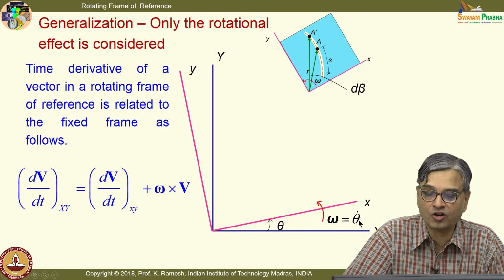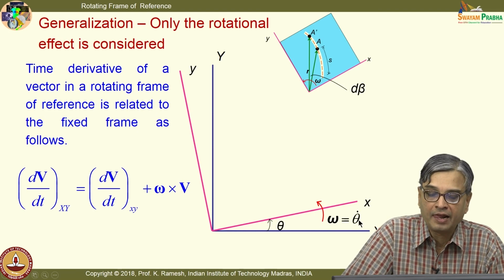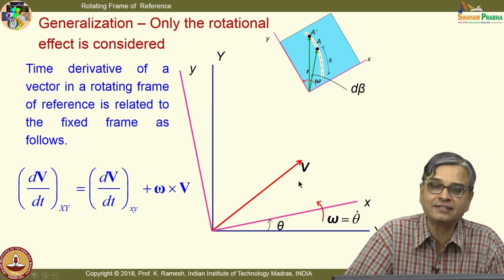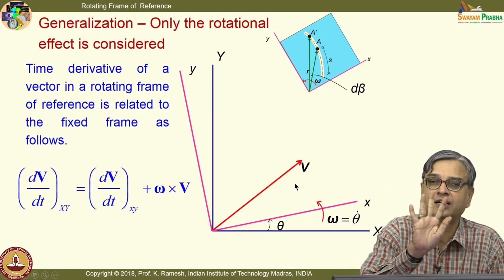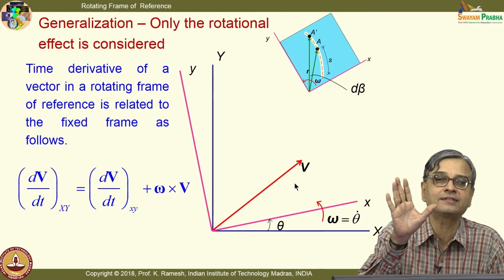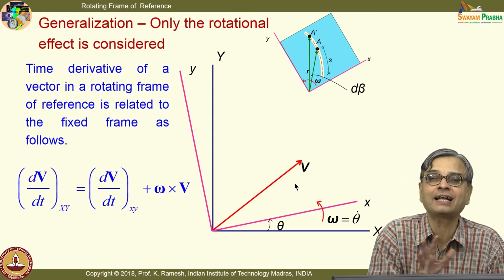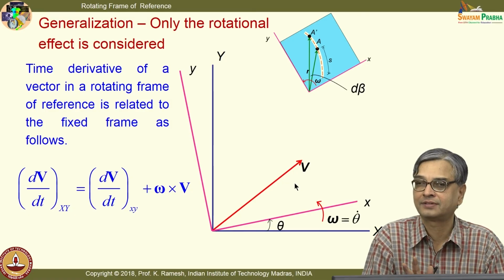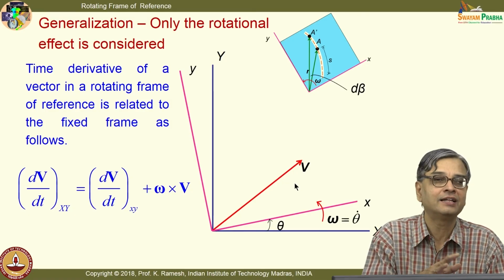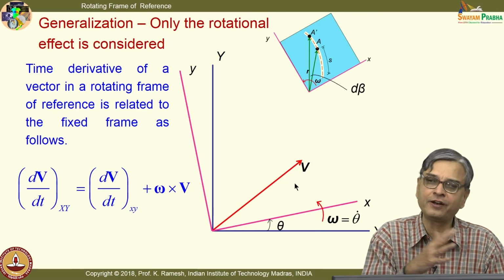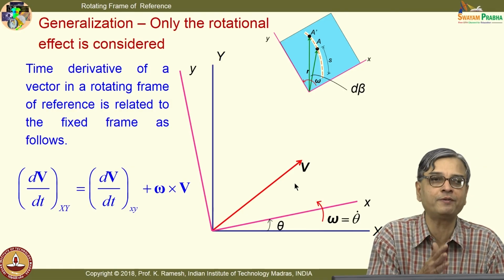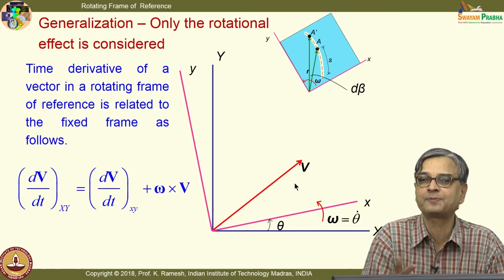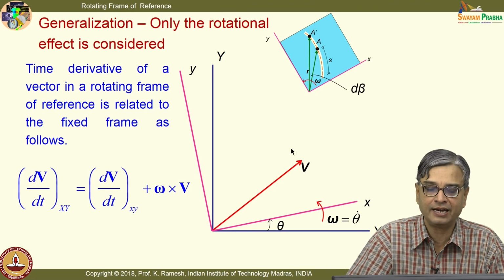So, omega is theta dot, and I have at this instant of time, see the vector in space, there is no difficulty at all. I have a vector in space, I view it from different axes, then I have all this mathematical requirement. What happens to the vector can be perceived from different frames. Okay, when I do it from a fixed frame, I get the final expression. That is what we will use for our later computations.